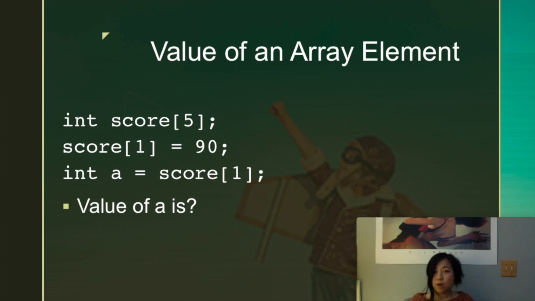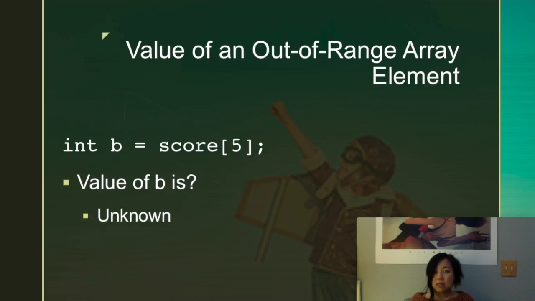As for the value of an array element, from this code I hope it's pretty obvious what the value of A is. It will just take on the value of score 1, which is 90. And what about the value of B, which is score 5?